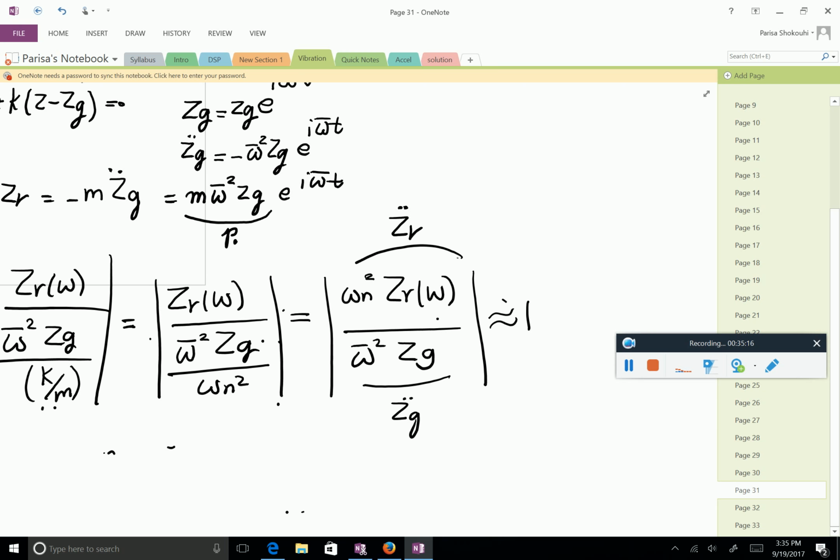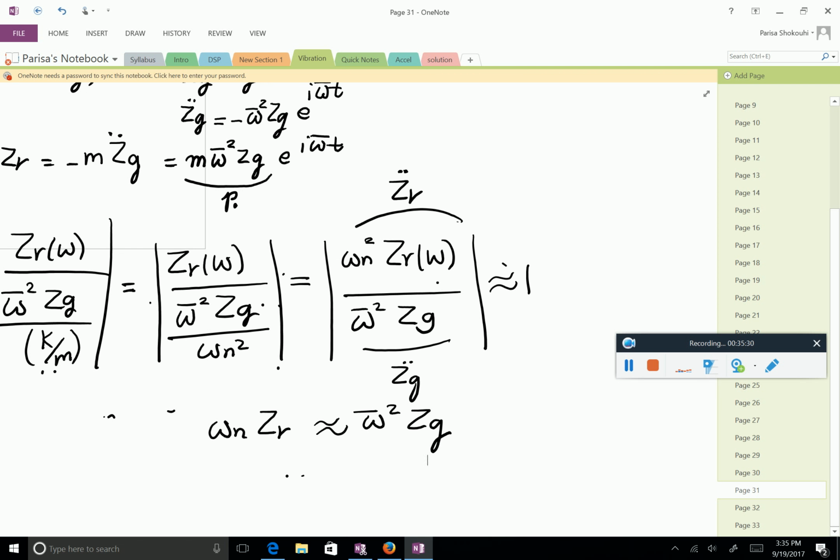So that's why you want omega n squared ZR to be similar to omega bar squared ZG. This is something you want to have. Of course. So for that, we want to choose m equal to 1.